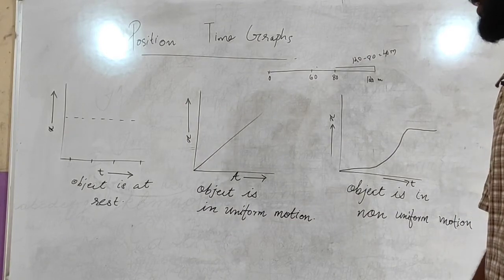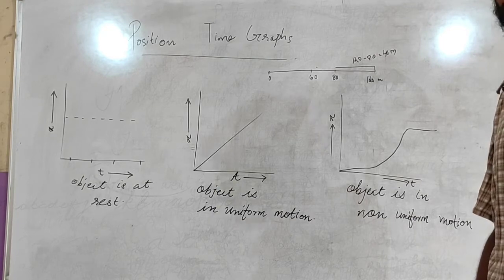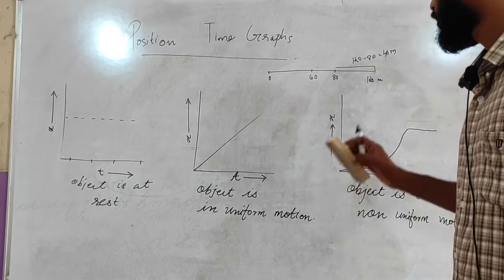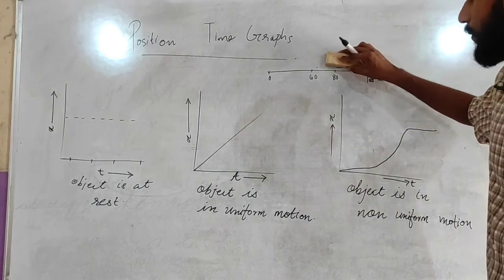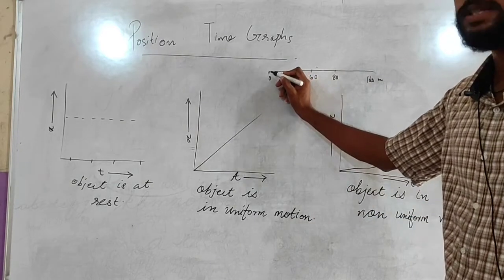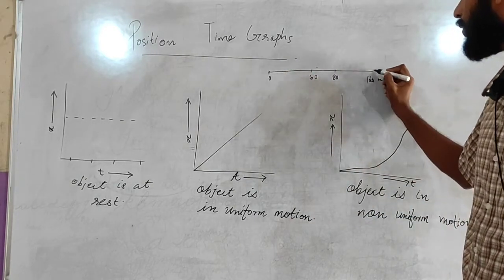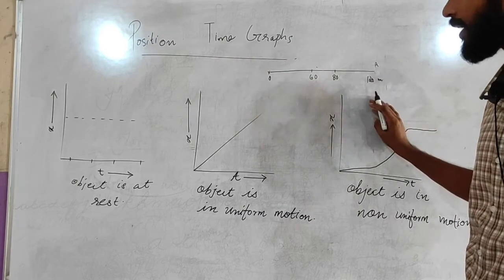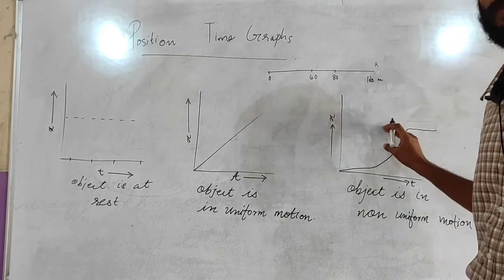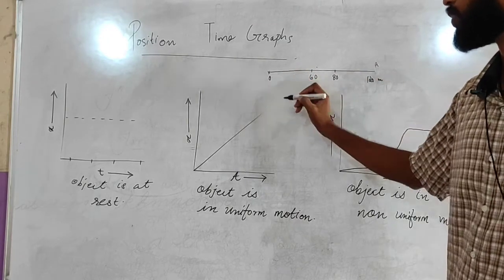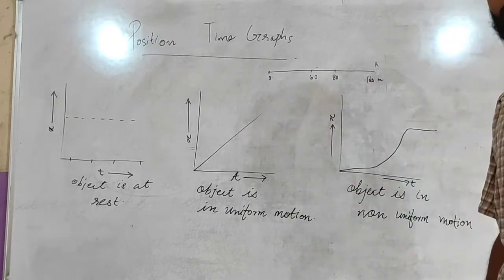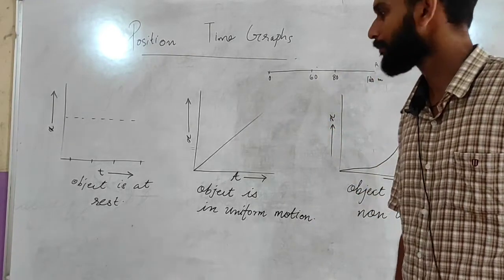And regarding the displacement, let us come to the displacement. Suppose in the first case you just consider the displacement if the body is starting the motion from origin till the point 120, consider that point as A. So the displacement between the initial and the final position will be x2 minus x1, 120 minus 0, that will be 120 only.